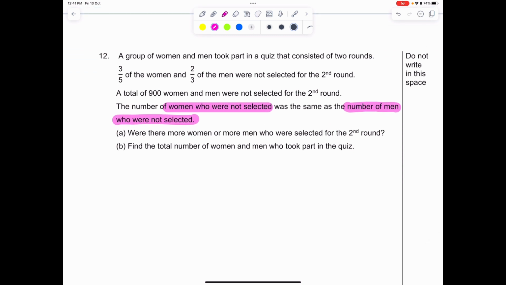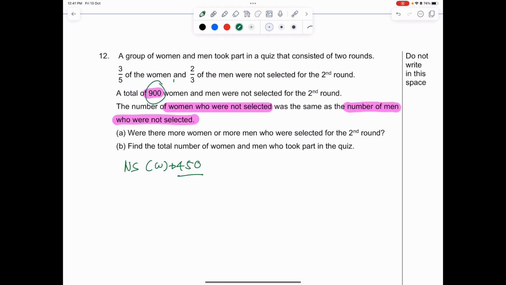We know that a total of 900 women and men were not selected. They told you that they are actually the same number. See? Same. So we write down. Not selected woman is actually 450. How do I know?